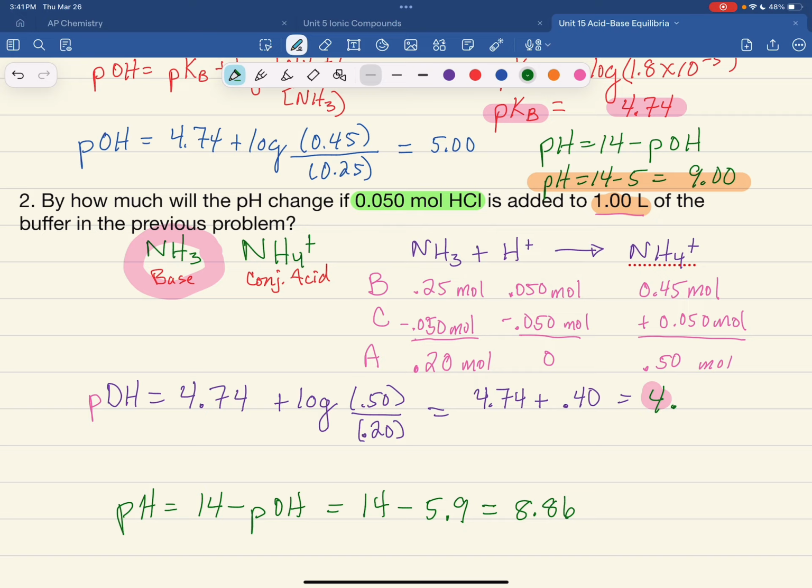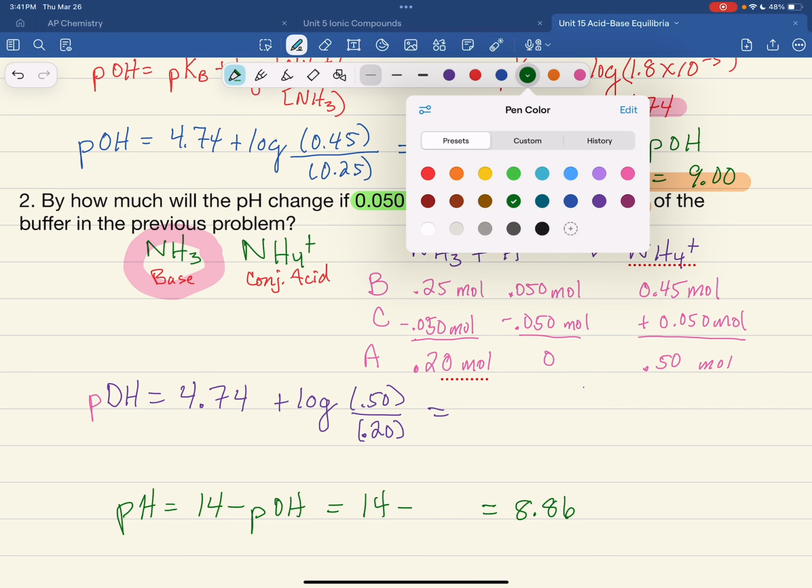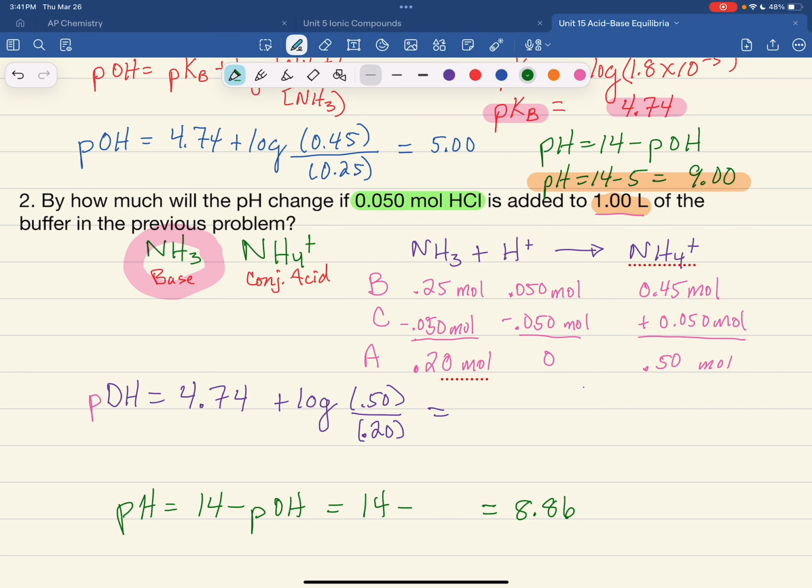Hold on, just give me a second here. 0.5 divided by 0.2 gives me 2.5. All right, I'm just going to erase this and put the answer I got. I got 4.96 for my pOH. So 14 minus 4.96 gives me 8.86.